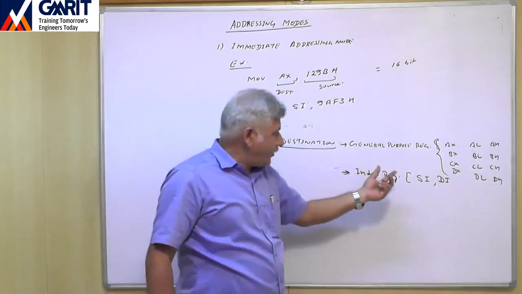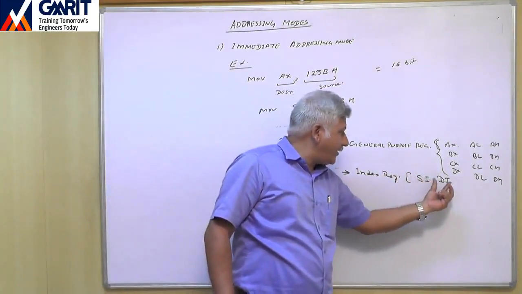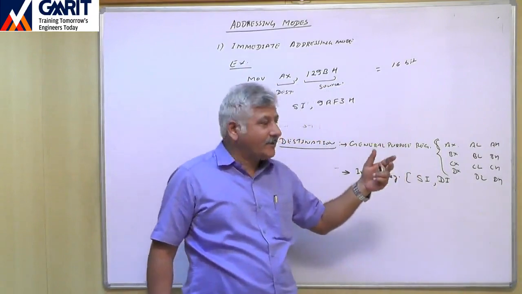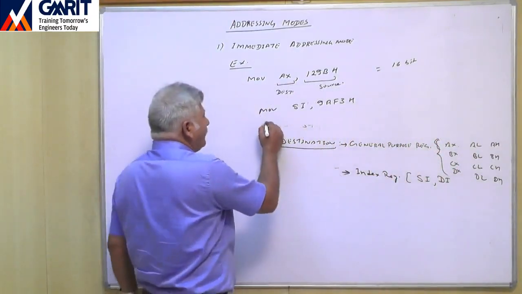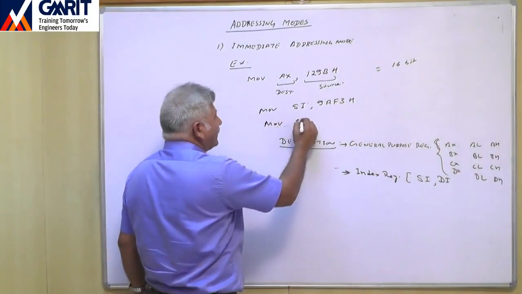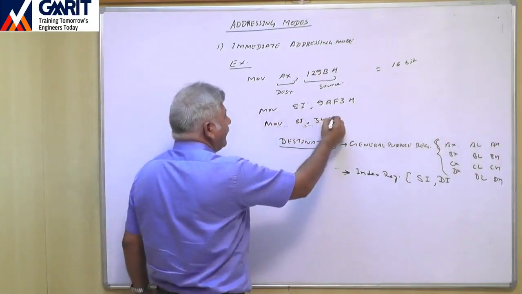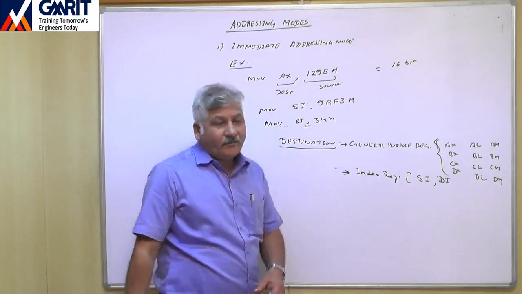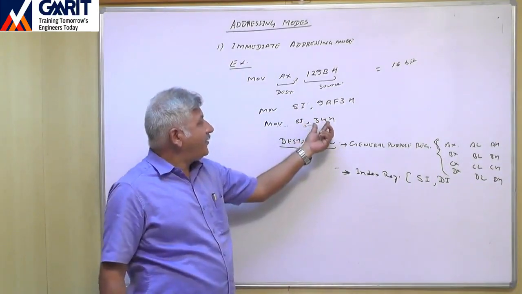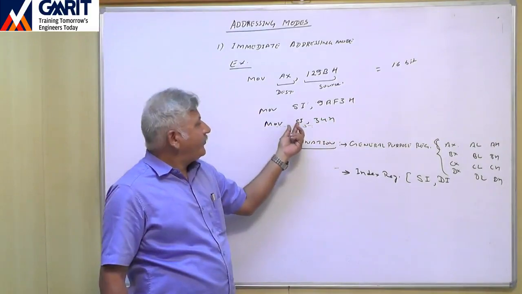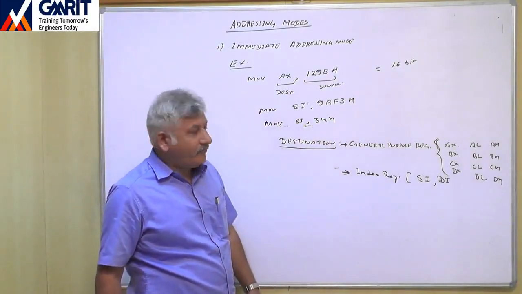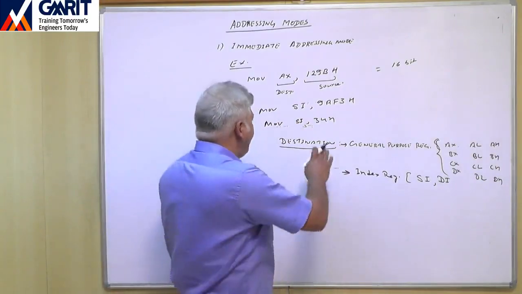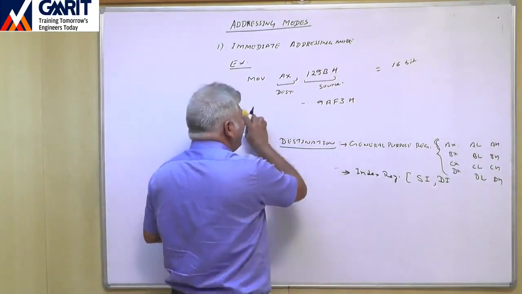So here one thing is, we cannot split the SI and DI in two 8-bit registers, just like general purpose register. So we cannot write this instruction, move SI, 34H. In this way, what will happen? This is an 8-bit number, and we are trying to move an 8-bit number in a 16-bit register. So this will give an error. So we cannot use this. We have to use the 16-bit number only.